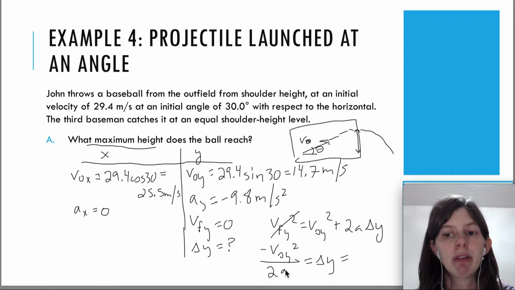So the negative from the acceleration will cancel out this negative as we expect because we're going a positive height. We plug in negative 14.7 squared divided by 2 times negative 9.8. And what we're going to get is 11.0 meters. That's the maximum height. So we didn't do all of this in the x direction for nothing. We're going to be able to use that for the second part of the problem.